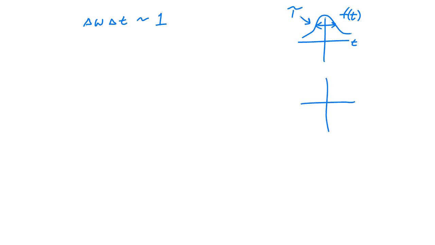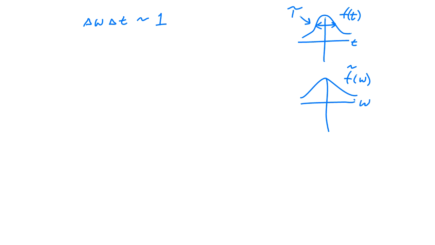And the reason why is because if the original function f of t looks like this, where this is t, then the width here is given by tau. But meanwhile, if you look at the Gaussian distribution we get as a Fourier transform, this is going to be f twiddle of omega, and you can see that this is omega here.